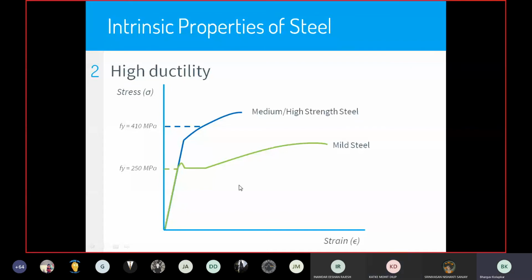But can you think of a loading condition wherein ductility is of prime importance? Maybe suspension bridges. Suspension bridges, in that way, it is important in all structures. But can you think of a loading condition where ductility is very important?